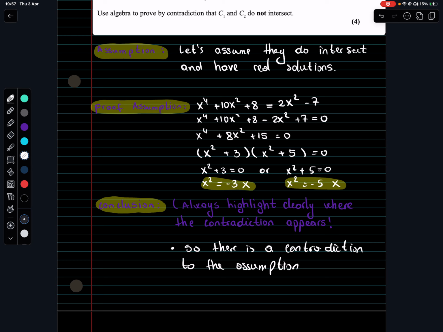There's a contradiction to the assumption, which means C1 and C2 do not intersect.